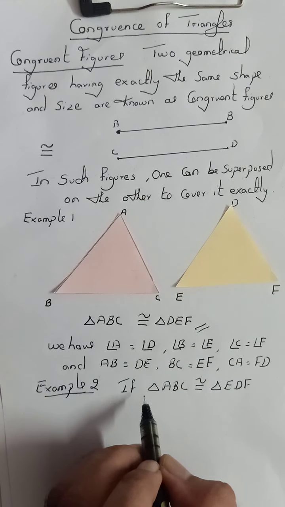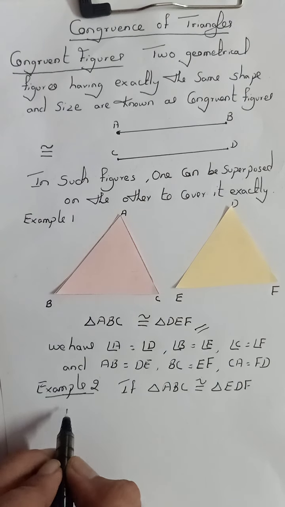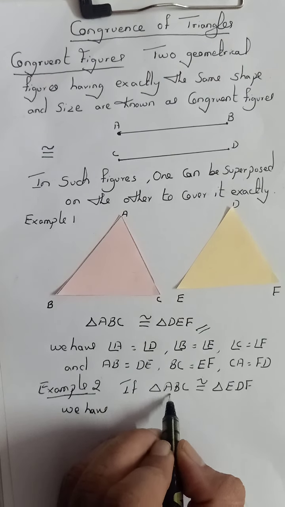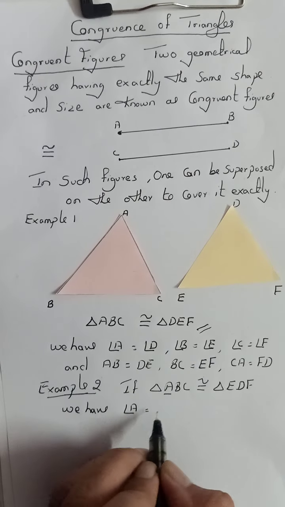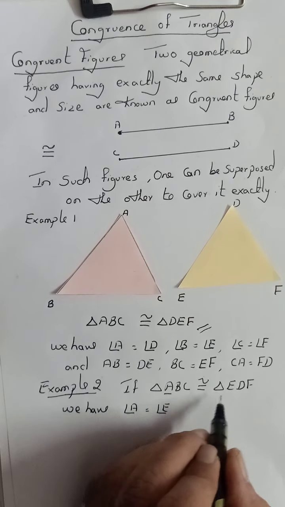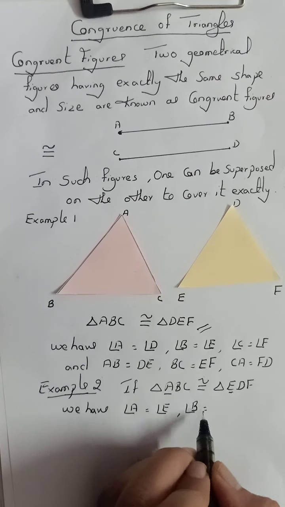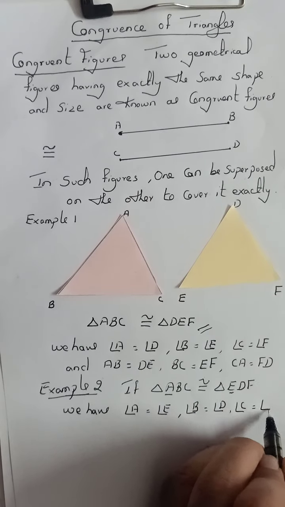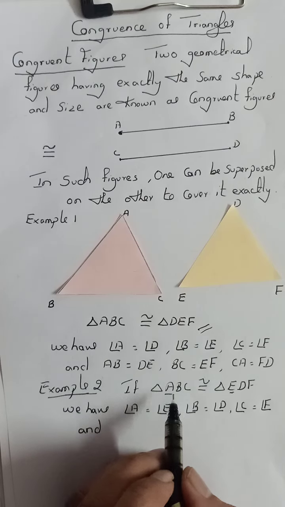If it is given in this form, then the corresponding parts are as follows: angle A will be equal to angle E, the first one. Angle B will be equal to angle D, and angle C will be equal to angle F, and the sides you also have to take in the same way.